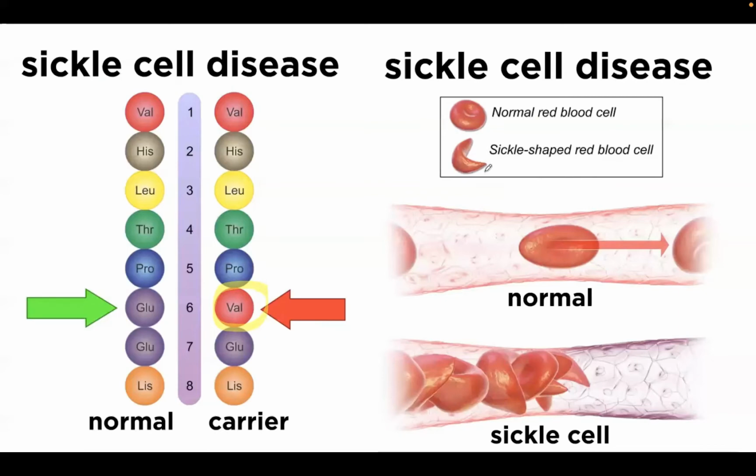So hindi siya maganda, hindi nagpa-function regularly yung hemoglobin niya, hindi siya makapag-carry ng oxygen into the other tissues of the body. Okay, so ito po yung significance ng pag-aaral natin ng ating mga diseases when it comes to the molecular level.